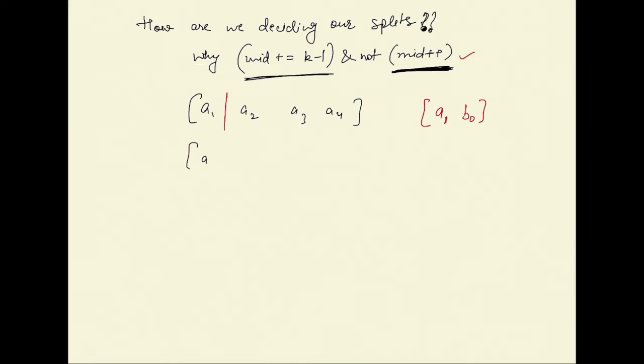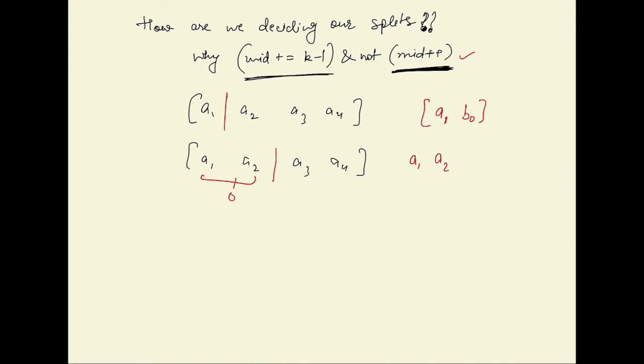And let's say we had made our split here. Now this is the problem, because we can't merge a1 and a2 into a single element, so we'll keep it as it is and the cost would be 0.